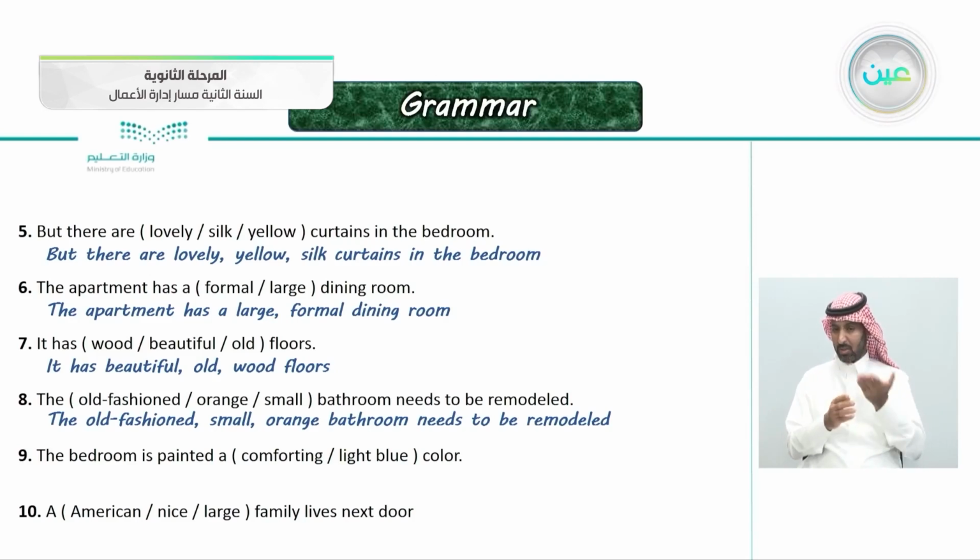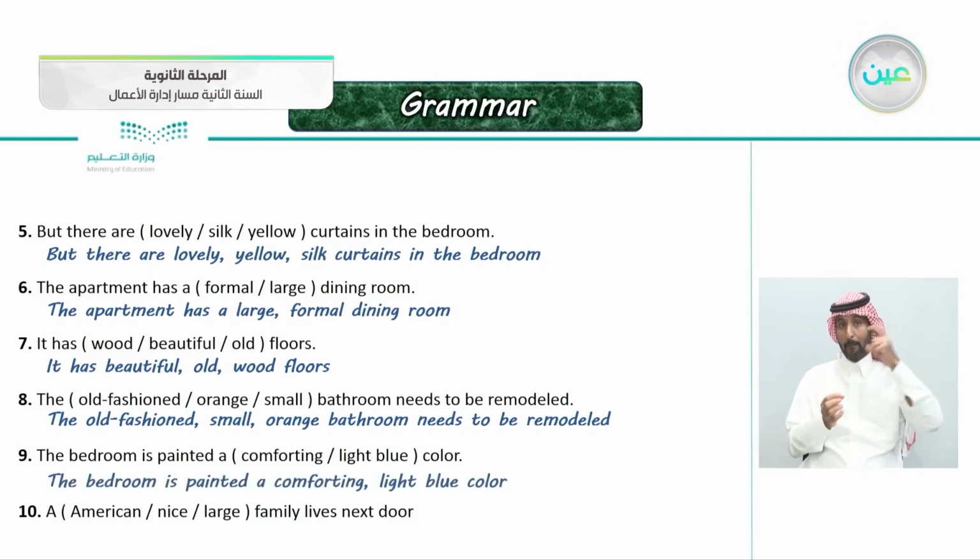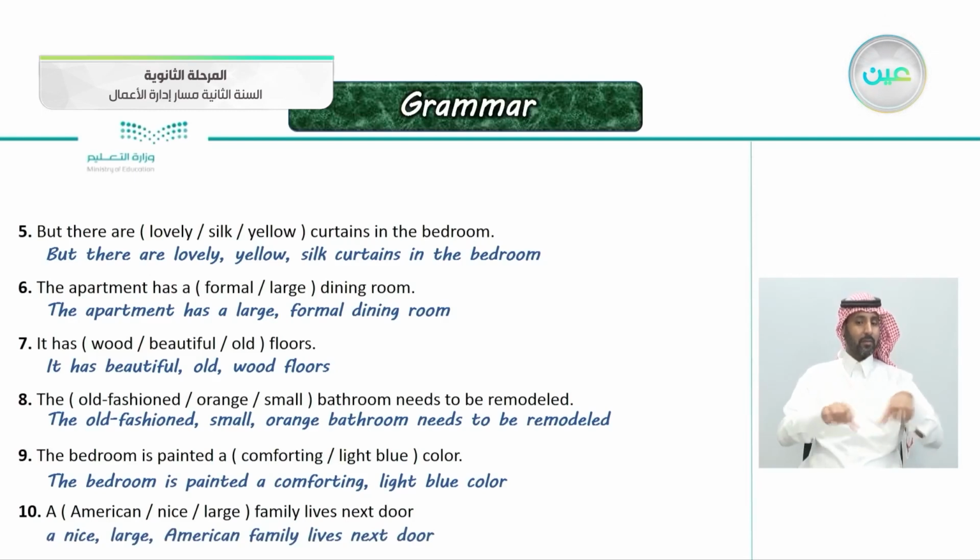Number 9, the bedroom is painted a comforting light blue color. So the correct answer for number 9, yes, the bedroom is painted a comforting light blue color, the same as the question. Number 10, a American nice large family lives next door. So, yes, a nice large American family lives next door.